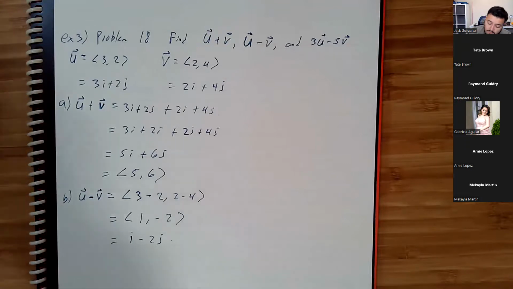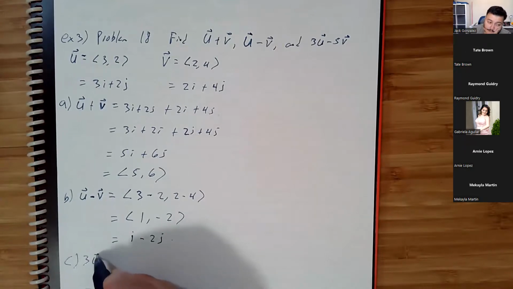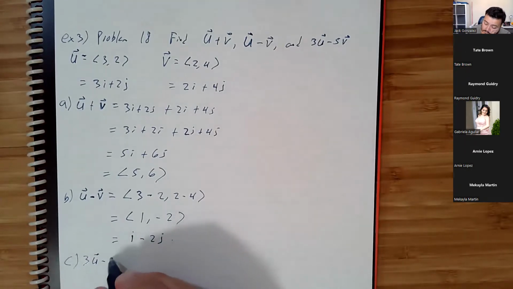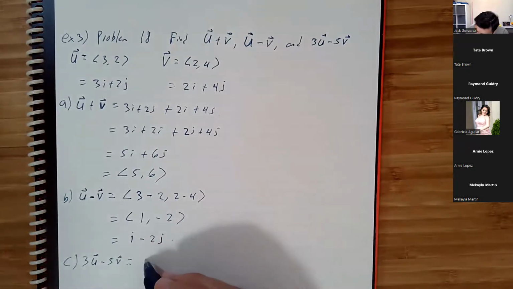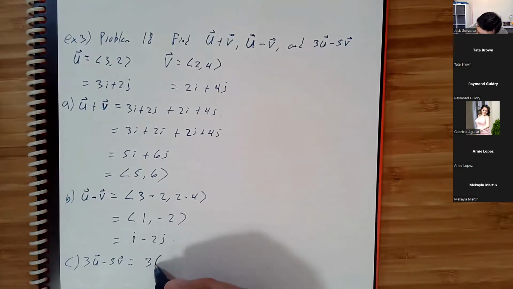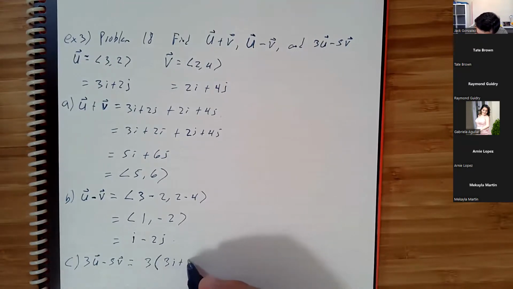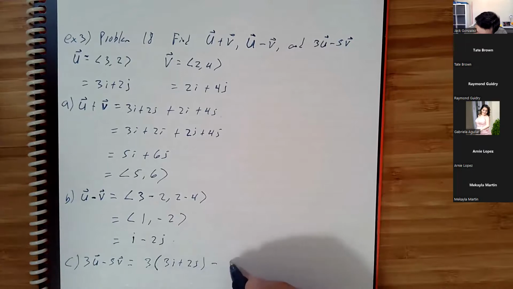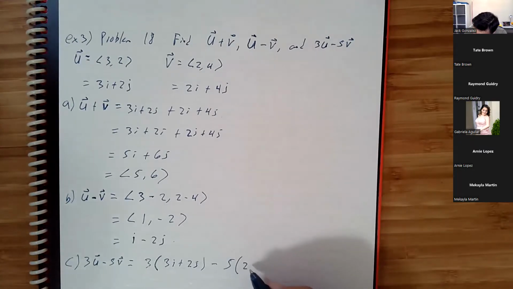All right, C. 3u minus 5v is going to equal 3 times this vector. I'm going to leave it in the ij component. 3i plus 2j minus 5 times the other vector, in ij component.